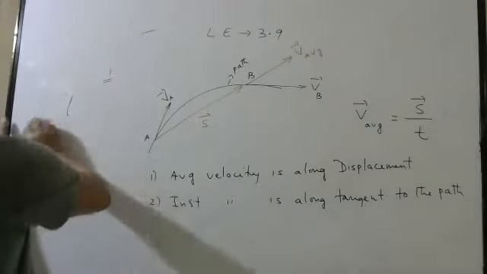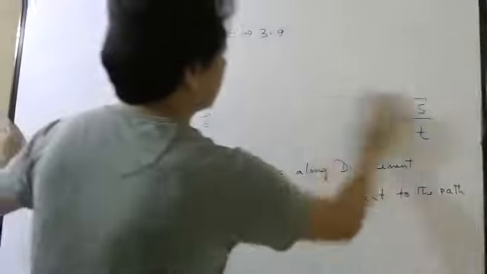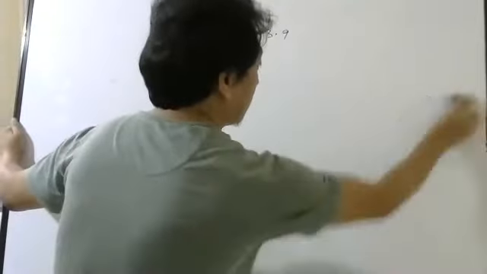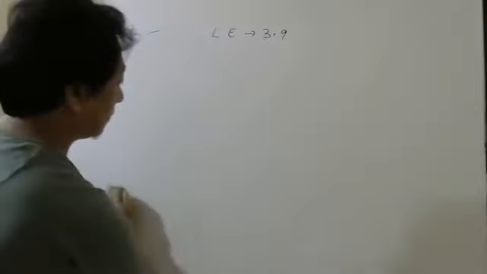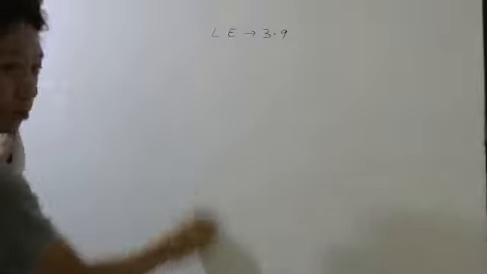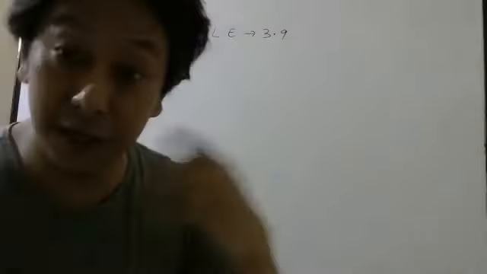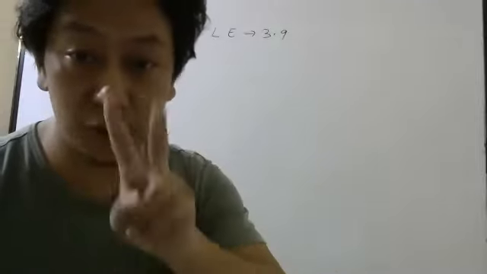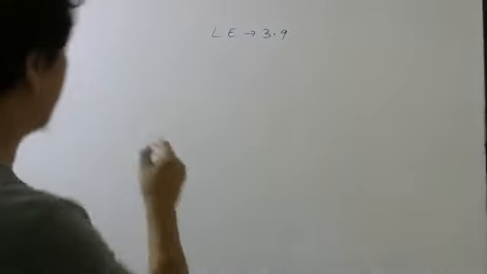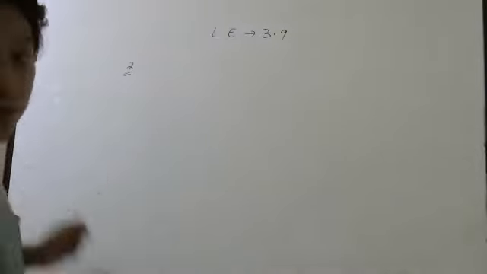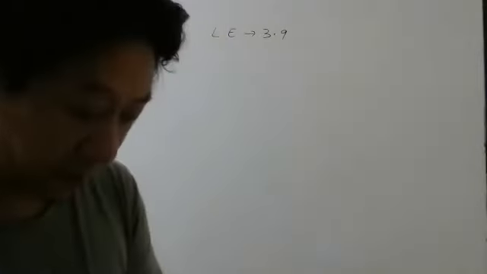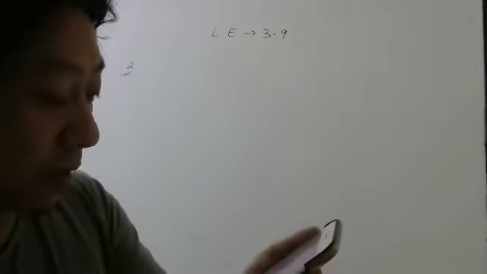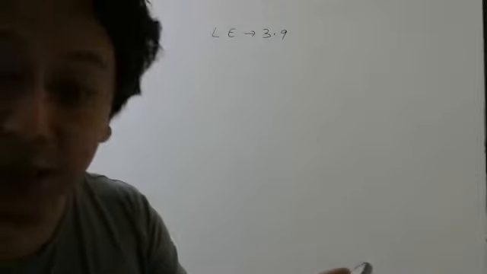Let us now see question number 2. Question number 2, students, will be very useful later when we will do circular motion. When we study circular motion, question number 2 will be very important. So let us see what they are asking. Question number 2, same learning exercise. A particle is moving in a curved path.